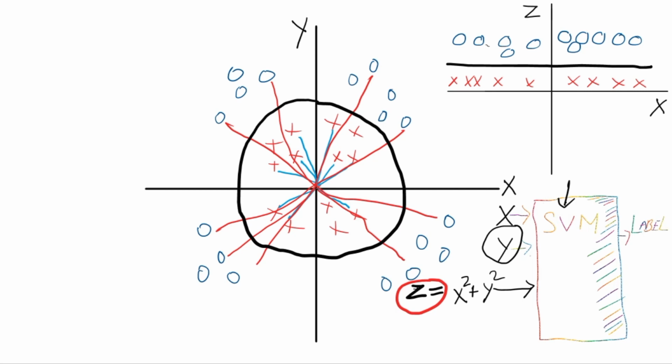This is quite amazing. The main point here is that there is a feature transformation going on in the SVM, which will change the way you think about linearly separable data.